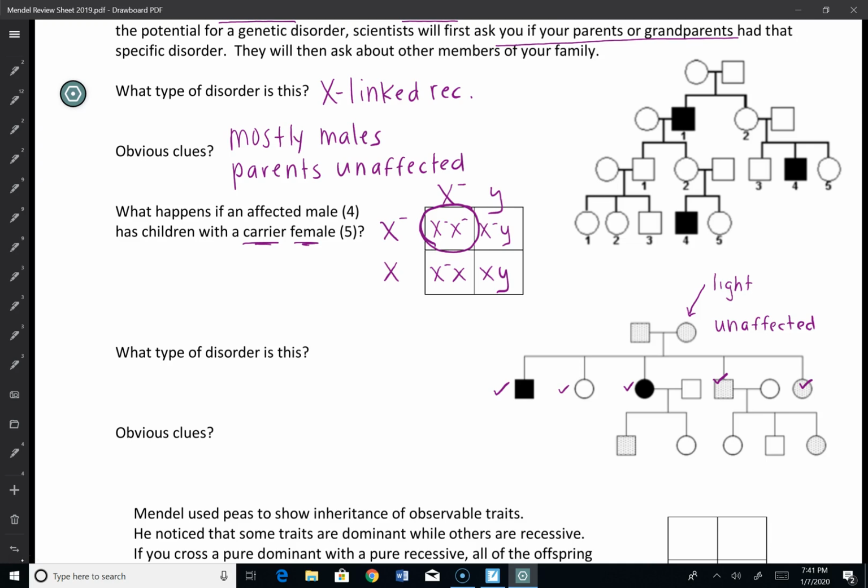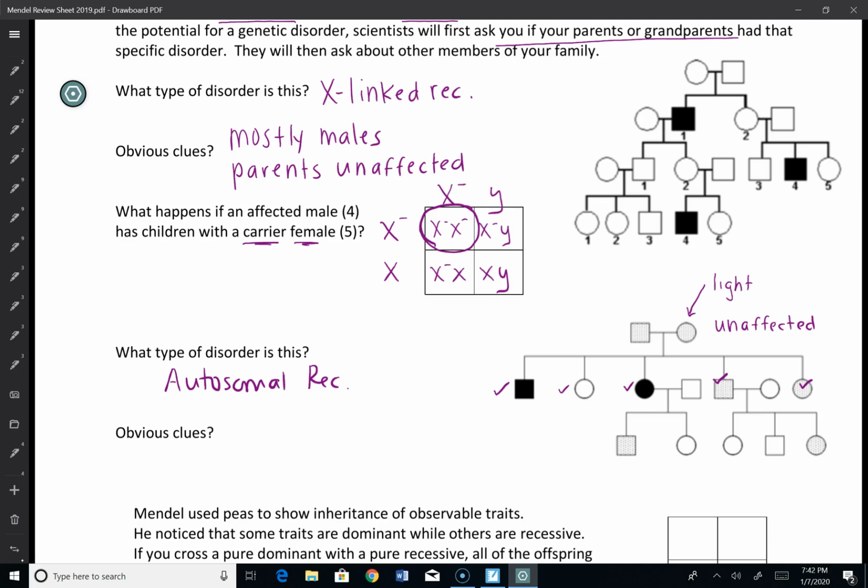So in an autosomal recessive disorder, what that means is that it does not matter if you are a male or a female. It is on the autosomal chromosomes 1 through 22, and that, again, the parents can be carriers and be unaffected.